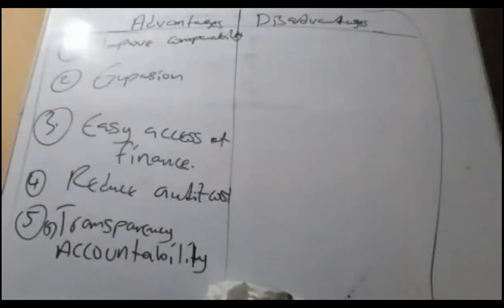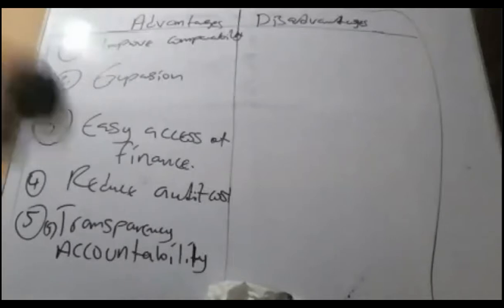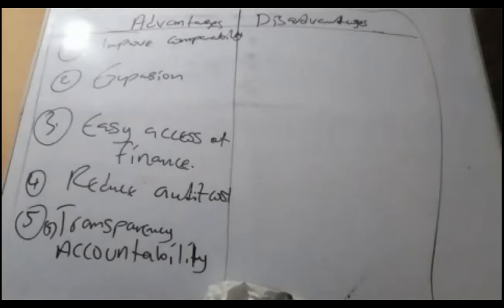The accountants, the directors, the management team, with the help of IFRSs, are accounting for all the items that they hold in trust, or the shareholders have entrusted into their care. And then the last one is transparency, accountability.